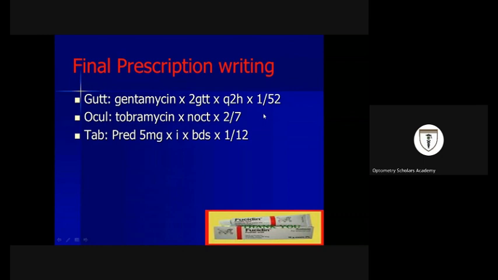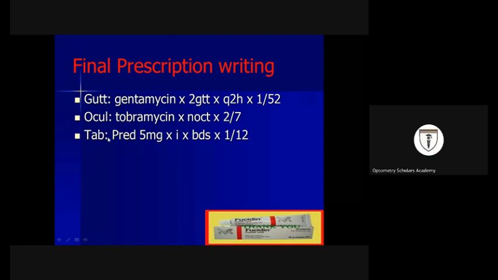The tablets read 5 milligram, one, twice a day, for 1 month. Okay, you tried. At least you are conversant with the abbreviation. Okay, but this means this tablet, 5 milligram, one dose twice a day for 1 month.